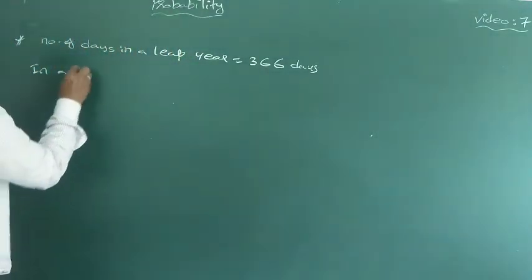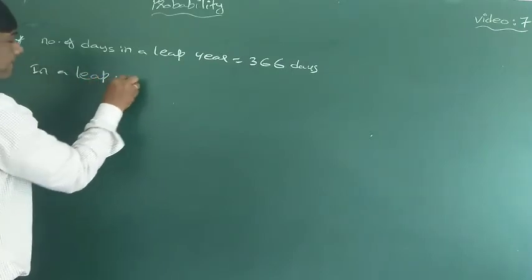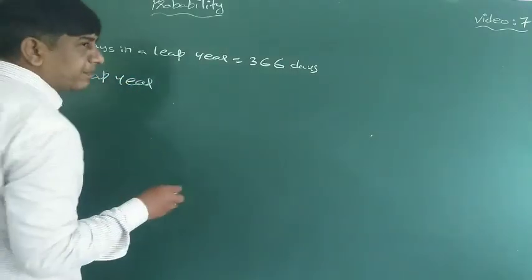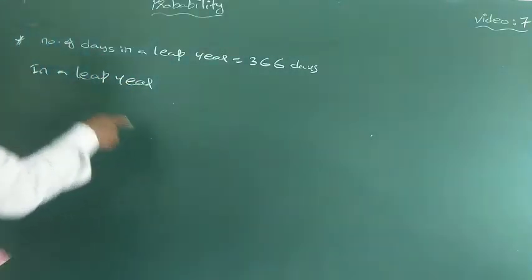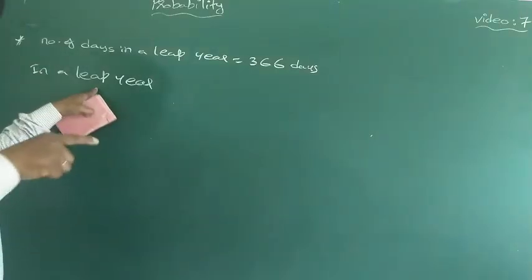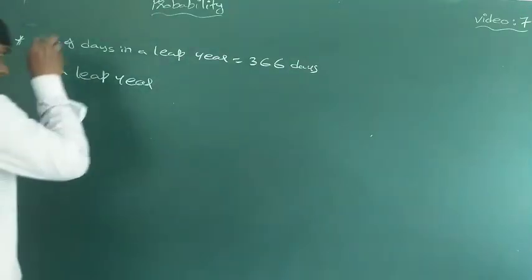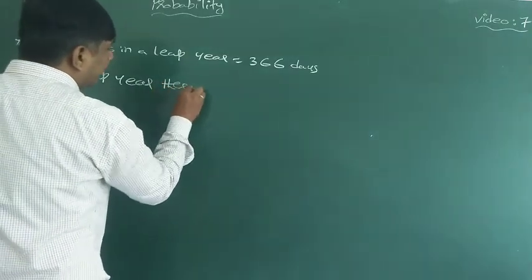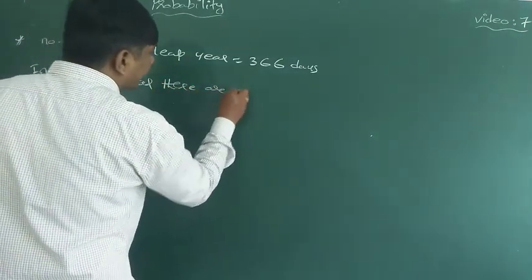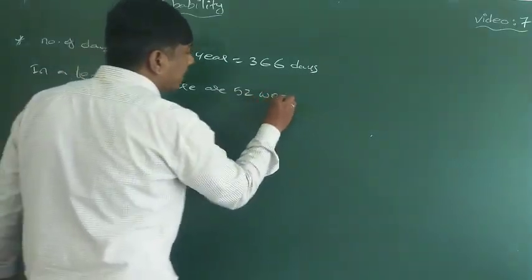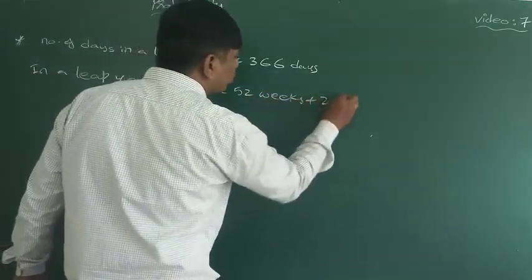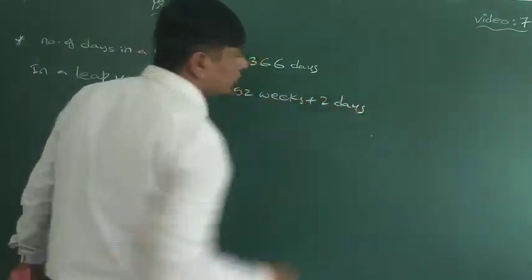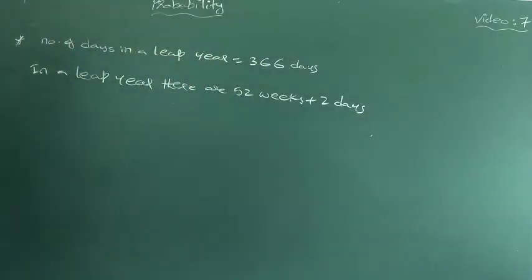This is the leap year. In a leap year, there are 52 weeks plus 2 additional days.